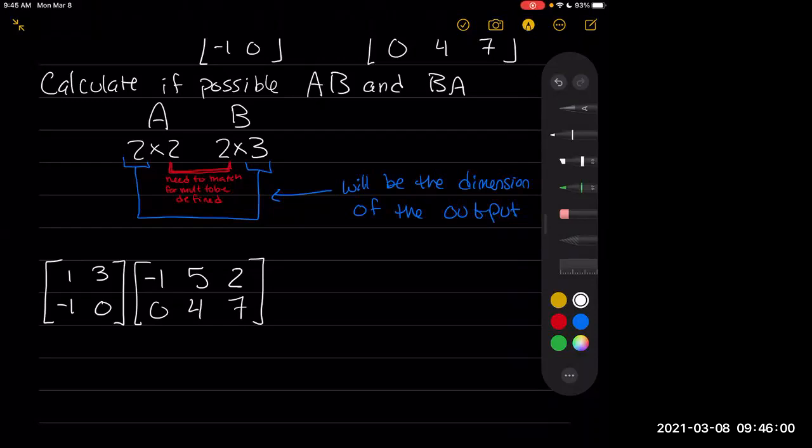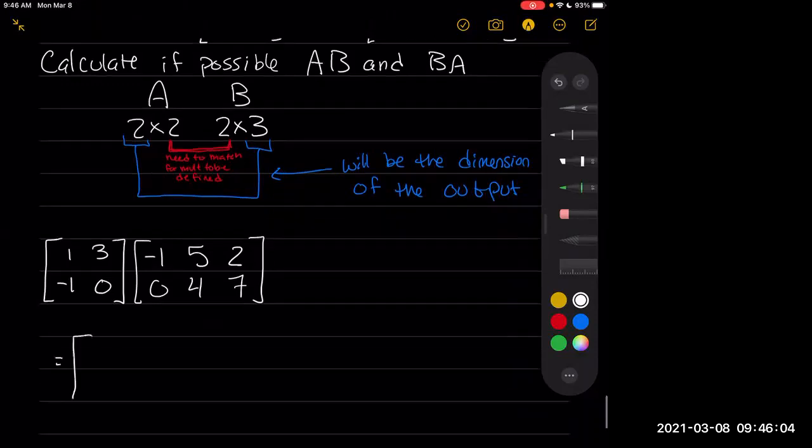We're going to multiply the rows by the columns. So if we start with row 1, we'll do 1 times -1 plus 3 times 0. So row 1 times column 1 will give us the row 1, column 1 entry.